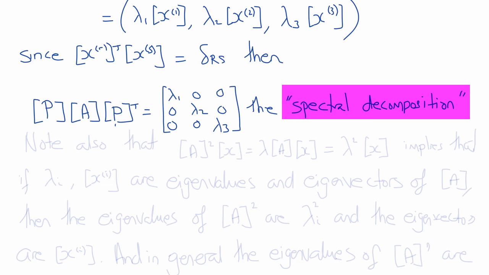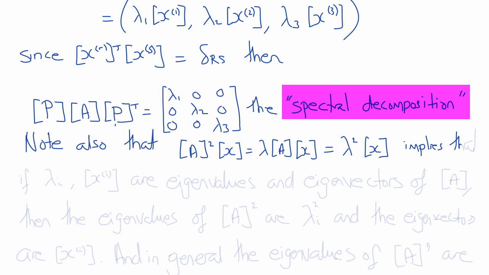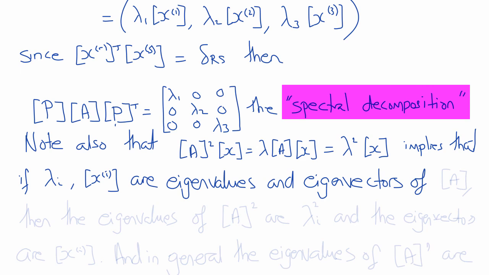Now another property we can make use of, and you've probably recalled from the past, is that if we multiply A squared times x, then that would be lambda times Ax, which would therefore be lambda squared times x, which implies that if lambda i and xi are eigenvalues and eigenvectors of A, then the eigenvalues of A squared must be lambda squared, and the eigenvectors must be x.